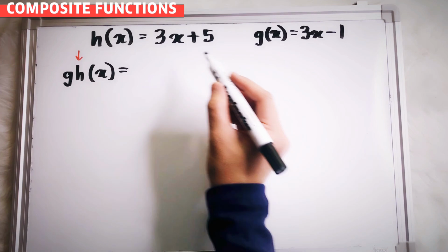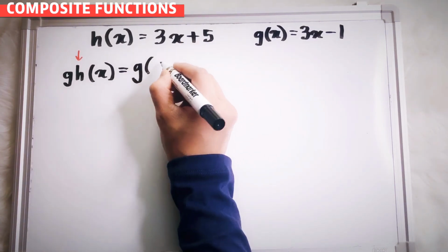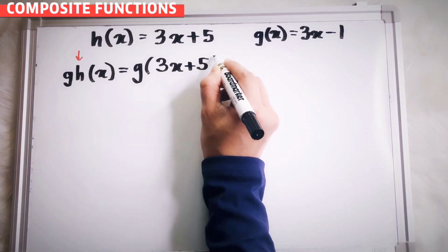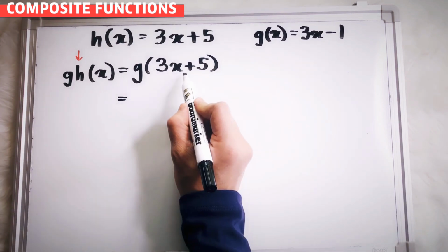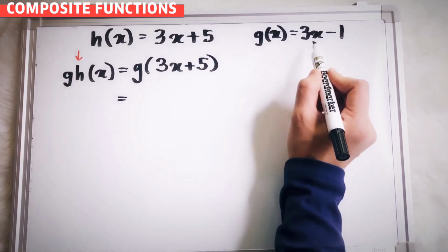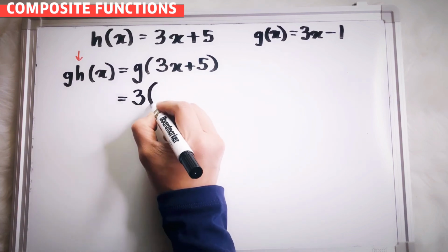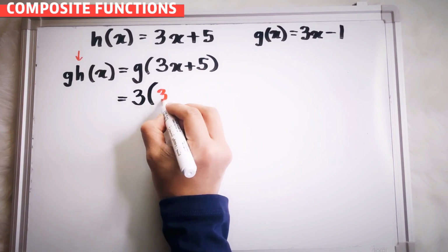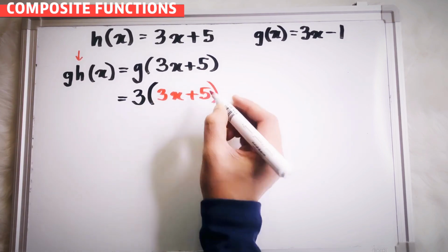So our h function is 3x plus 5. Okay, now this is our new x. Your g function is 3x minus 1. So you put here 3x, you copy this one, 3x plus 5. See?